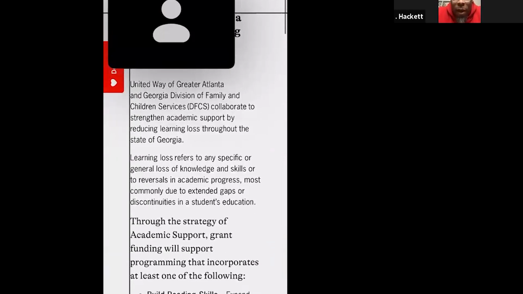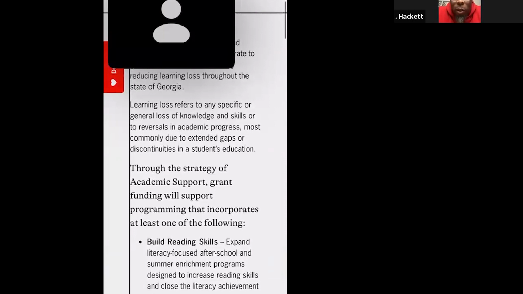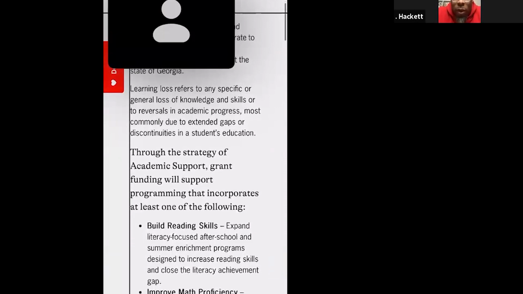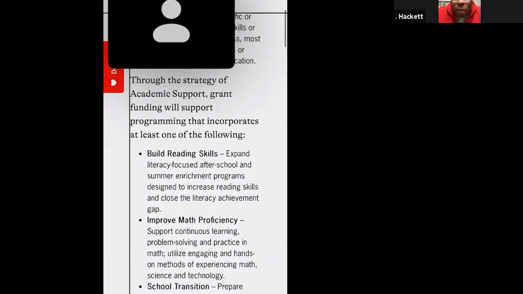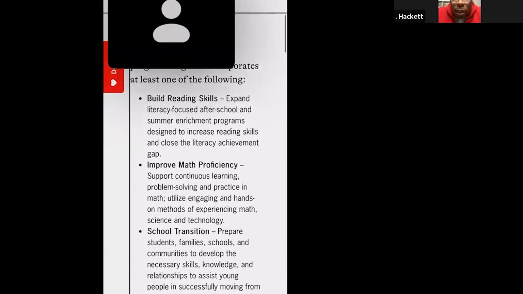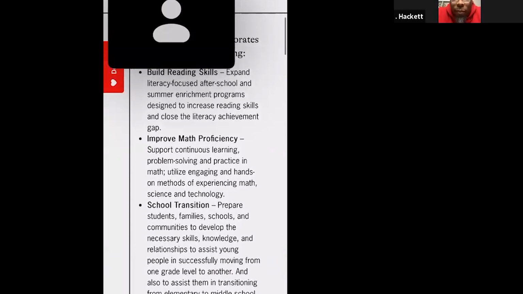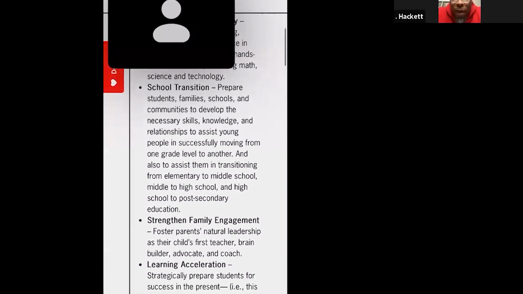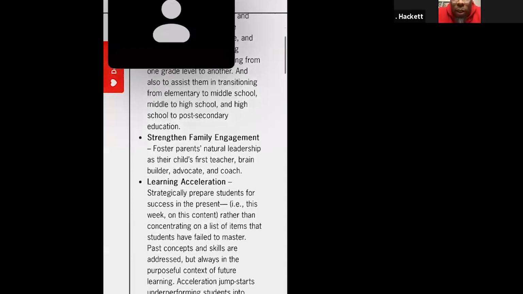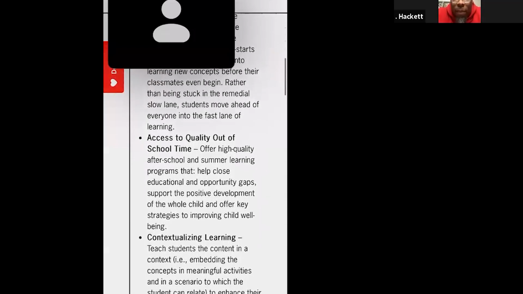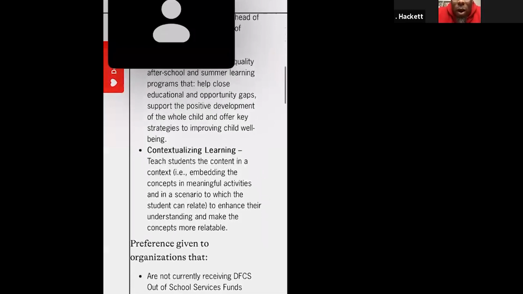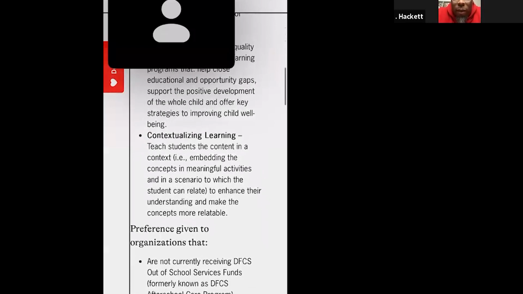The RFP is there through the strategy of academic support. Grant funding will support a program that incorporates at least one of the following: build reading skills, improve math proficiency, school transition, strengthen family engagement, learning acceleration, access to quality out of school time, contextualizing learning.